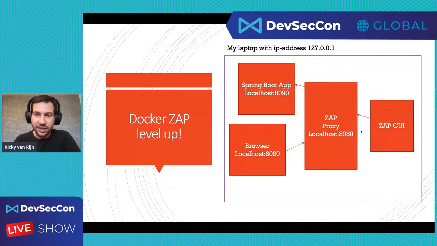And this is where the part comes in for how to do things on your local machine and how to do it within our cloud platform with all kinds of components and Docker containers. Because what I just showed you with my OWASP ZAP graphical interface is just on my own machine. So I'm using my own machine as a proxy, and I'm using a web application on my own machine.